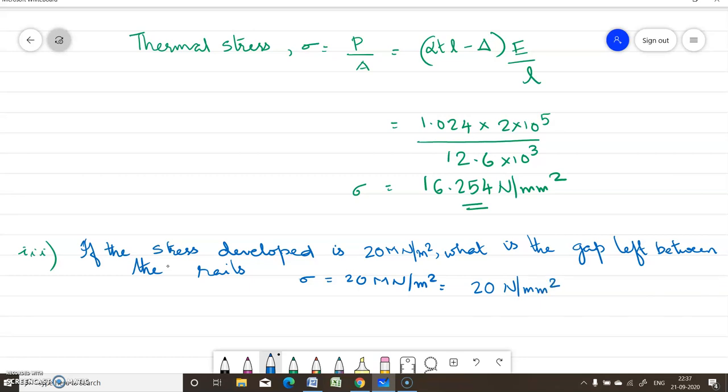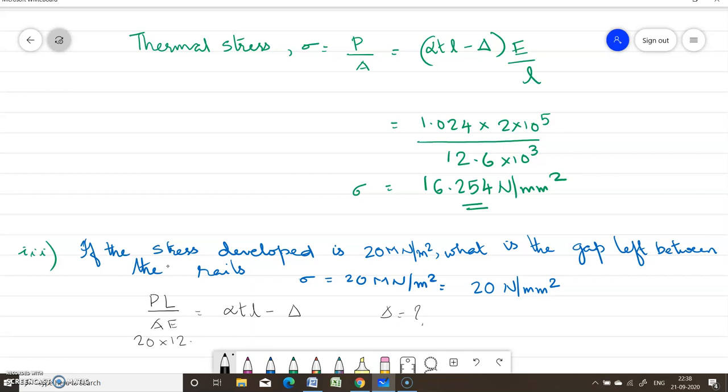Okay, so you have the equation PL by AE is equal to alpha into T into L minus delta. Okay, you have to find out what is delta. Delta is the unknown. Now you have the equation P by A is equal to 20.